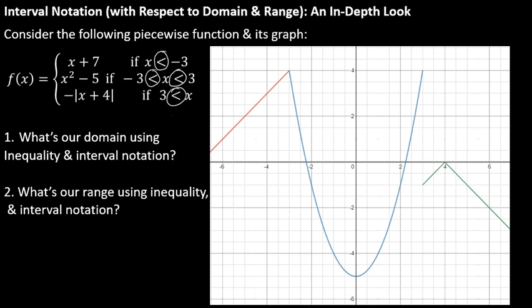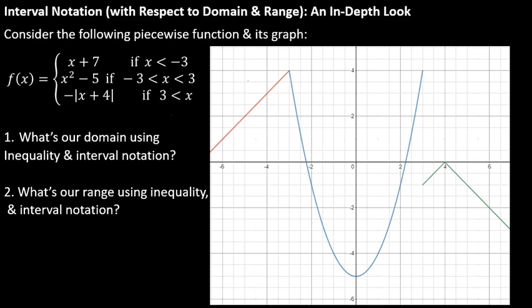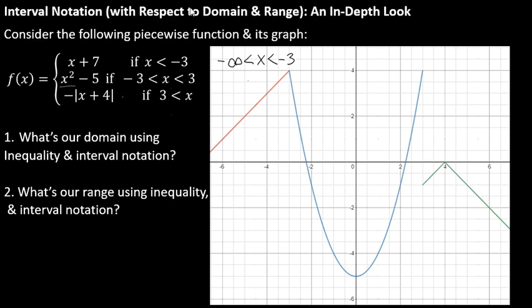What we're excluding in the domain restrictions is -3 here because x is less than -3, right? So we would say negative infinity is less than x is less than -3. Well, then when we look at the next rule down, the second rule that we've got, and let me use this gray, maybe this will be more neutral.